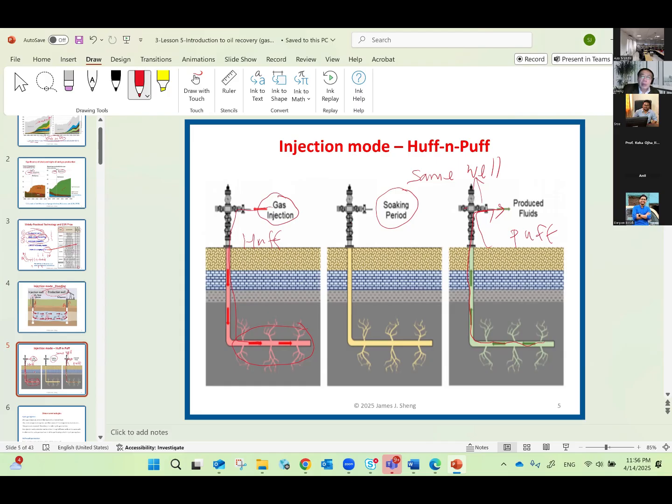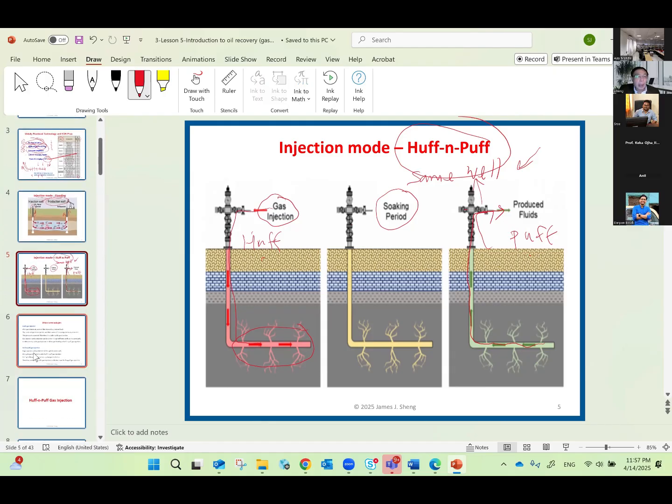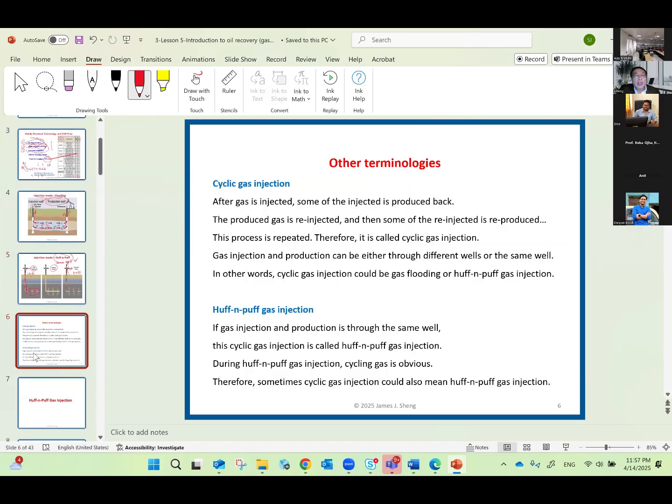And that's why, because you have Huff and Puff, we call this process Huff and Puff. When we use the Huff-Puff method, we only need one single well to inject fluid and produce fluids. So that is Huff-Puff.